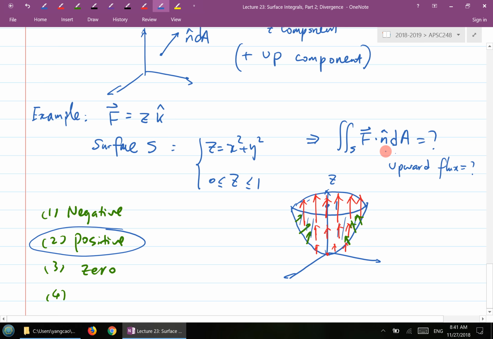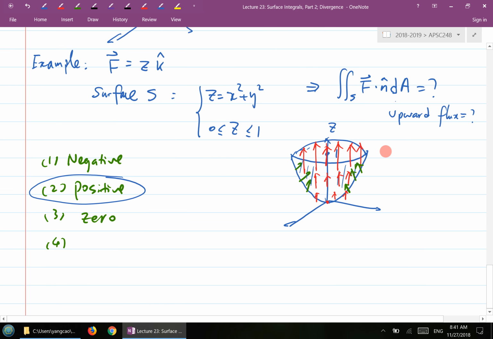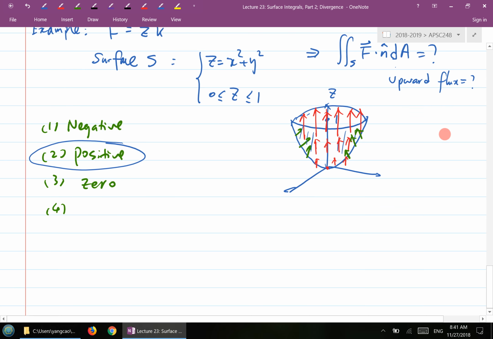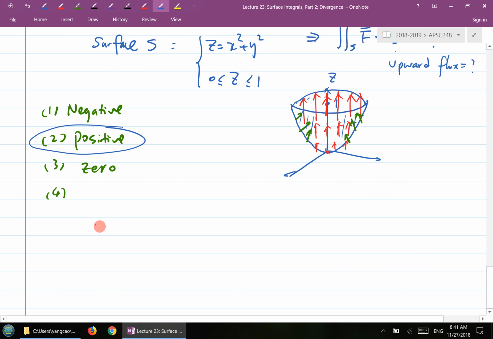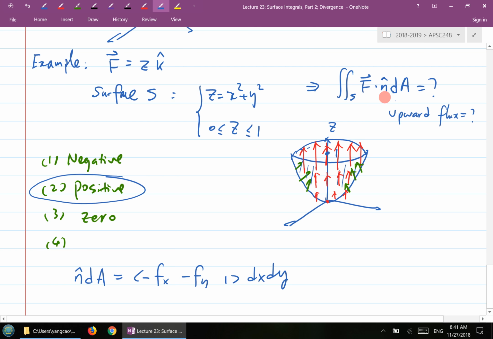But let's take a look at the actual computation here. What would that give us? Whether that's really going to be a positive number or not. Okay, so let's use all of the formulas that we have learned. The n hat dA is equal to negative fx, negative fy, 1, dx dy. So this is n hat dA here.